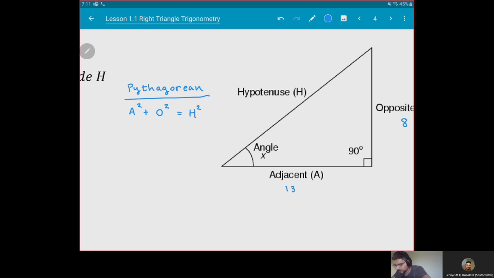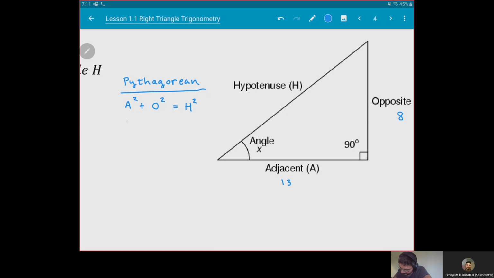Okay. There's a reason why that formula that is 2,500 years old is still being used today. So that's just going to be 13 squared plus 8 squared is equal to H squared. So I use my calculator, and that gives me 233 is equal to H squared.